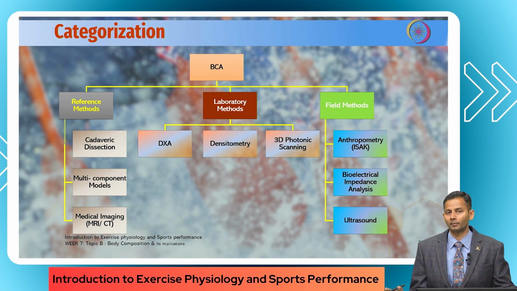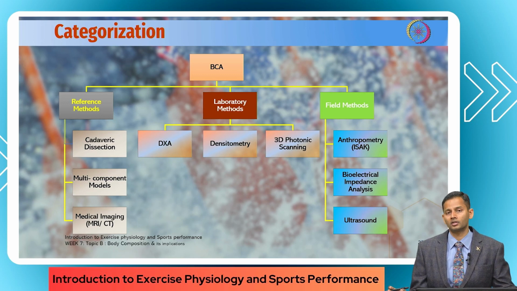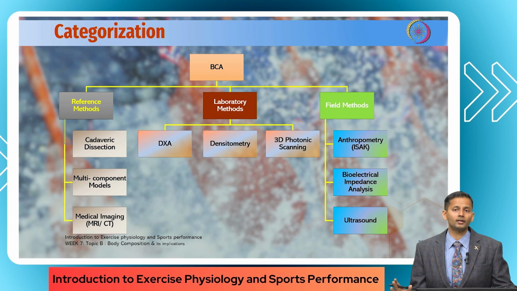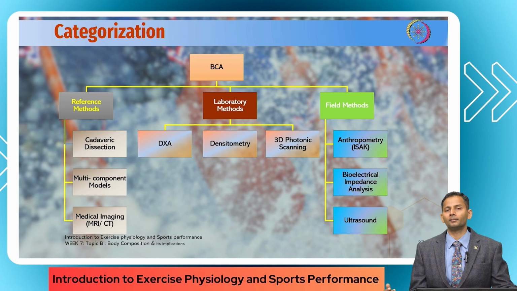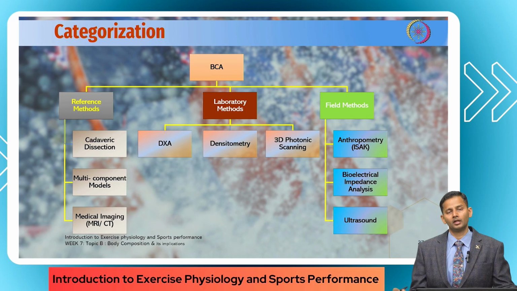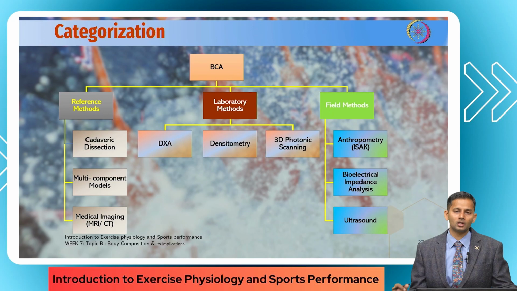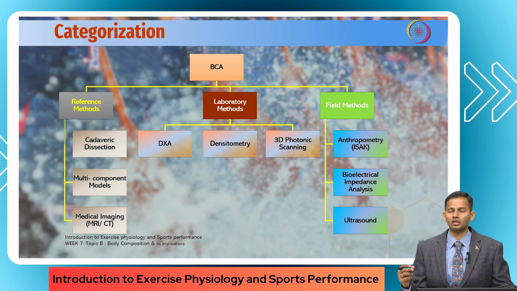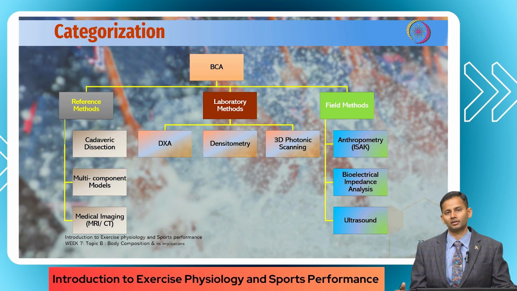The anthropometry methods as suggested by ISAK are among the most commonly used methods across the globe in the field, especially for those involved in sports. Then there is the bioelectrical impedance analysis method, which uses bioelectrical impedance to identify body composition based on body water. Then you also have ultrasound based body composition assessment based on the subcutaneous adipose tissue and skin thickness. Based on that, you also have body composition assessment methods.